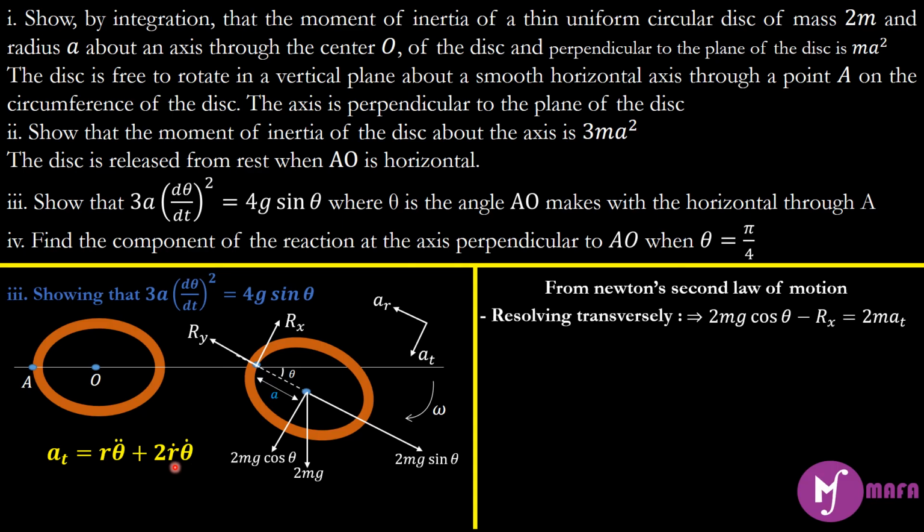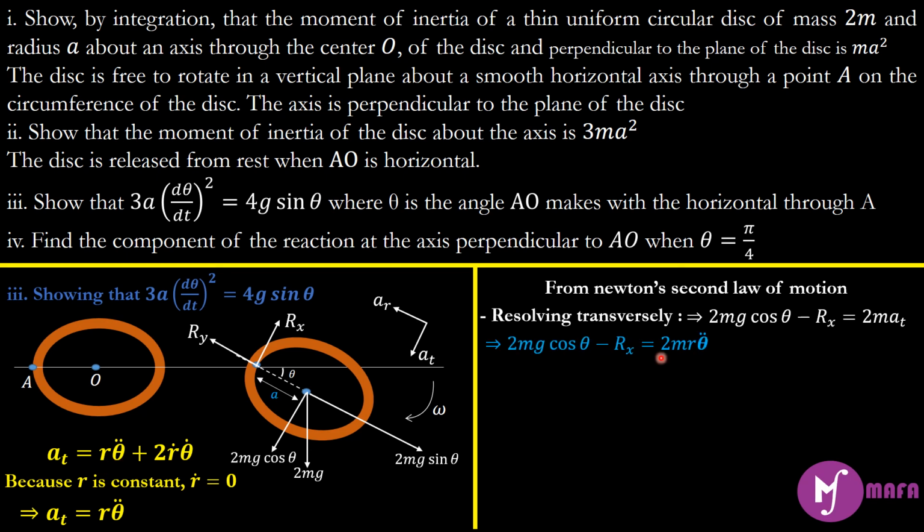What is r? r is the distance from the center of mass of the system to the axis, and it is simply a. Since a was called a positive constant, r dot is 0 because we are differentiating a constant. So this quantity goes to 0, and the transverse component of the acceleration is r theta double dot.